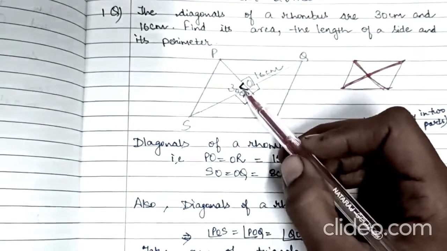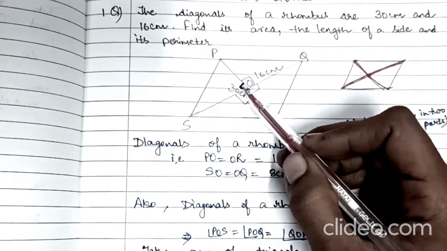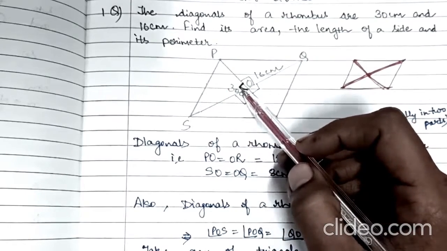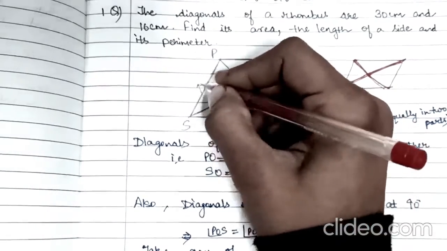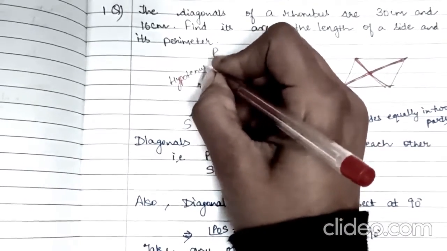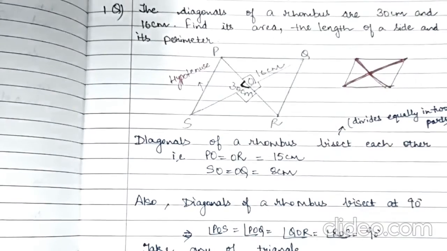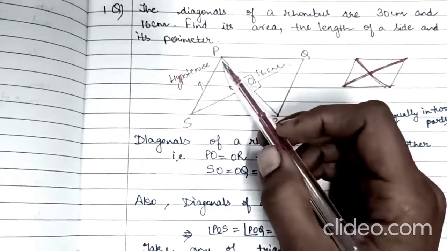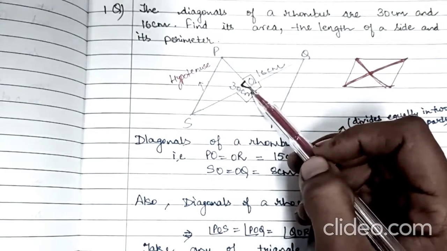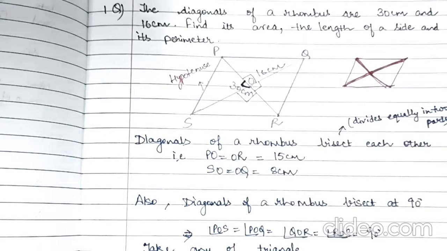And we also know, as you have already done, that the side opposite to the 90 degree angle is called the hypotenuse. In this triangle, where one angle is 90 degree, we can apply the Pythagoras Theorem.